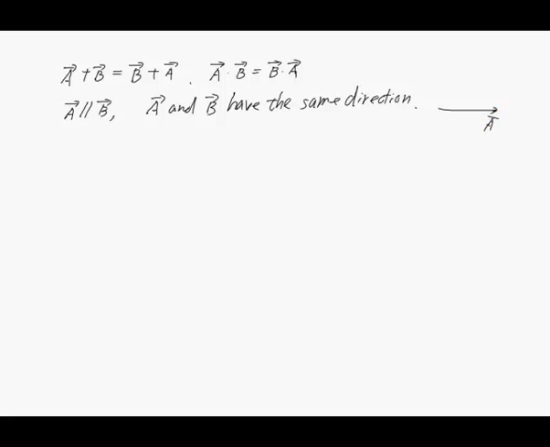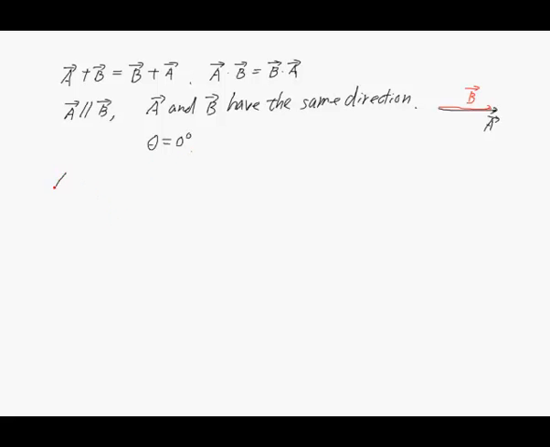Let me use another color for B. So this is B. Then the angle between them is just 0 degrees, right? So in this case, you have theta equal to 0 degrees.